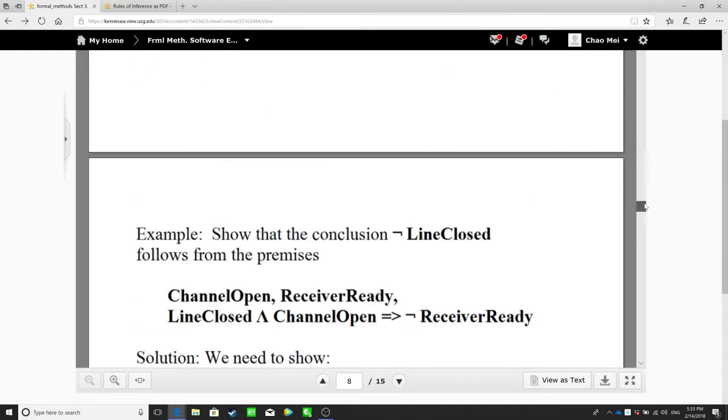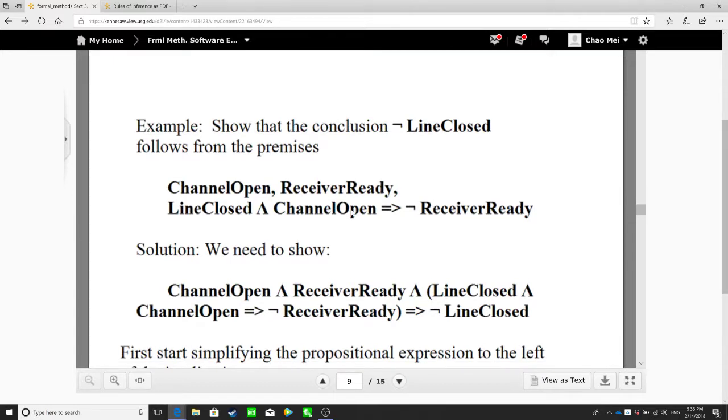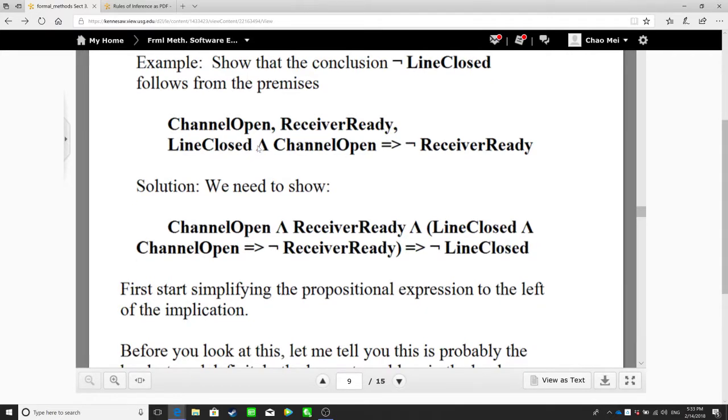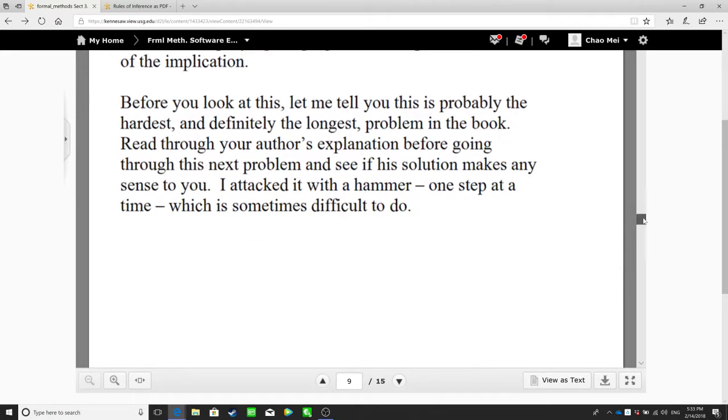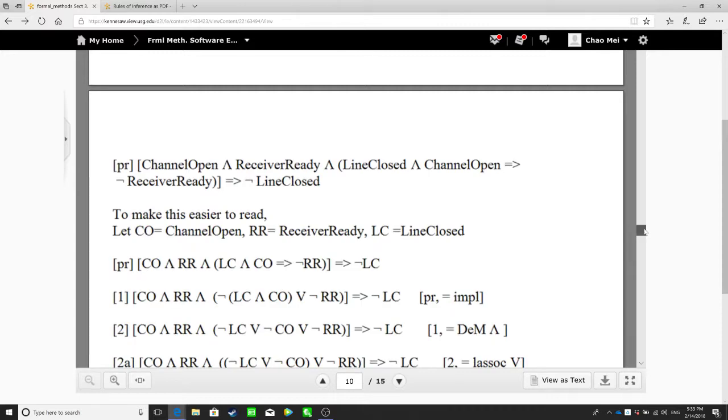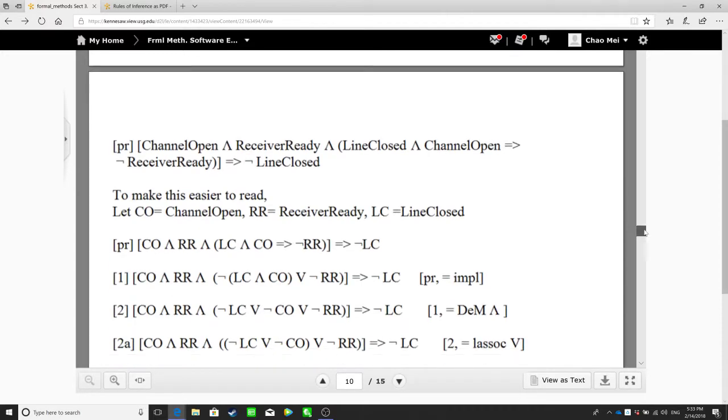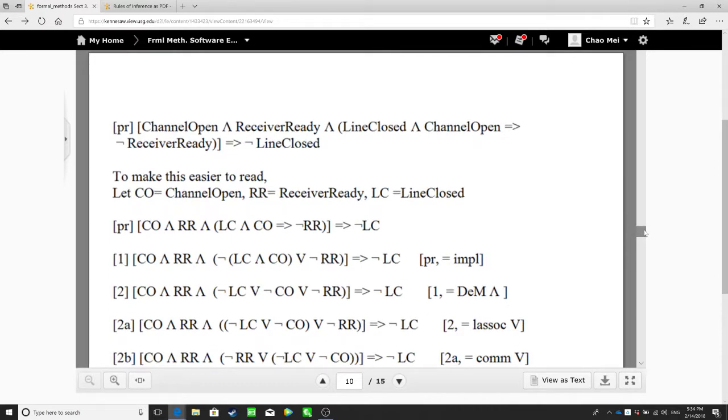But here in this premise we already have an implies there. But it's the same thing, because this imply also has a value, if you remember those truth tables.